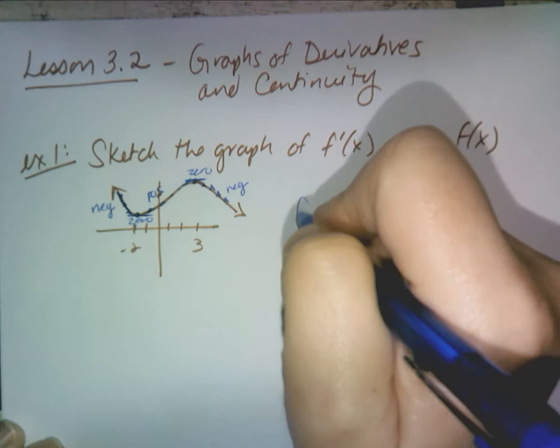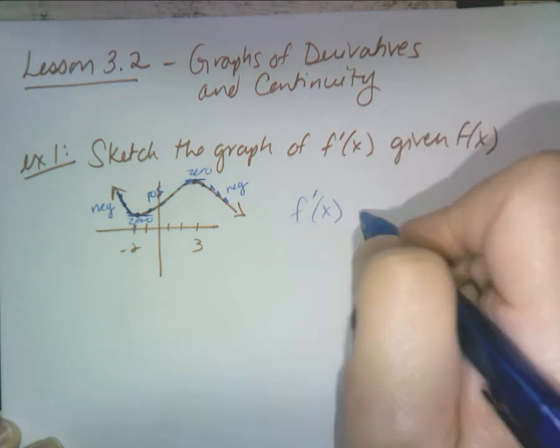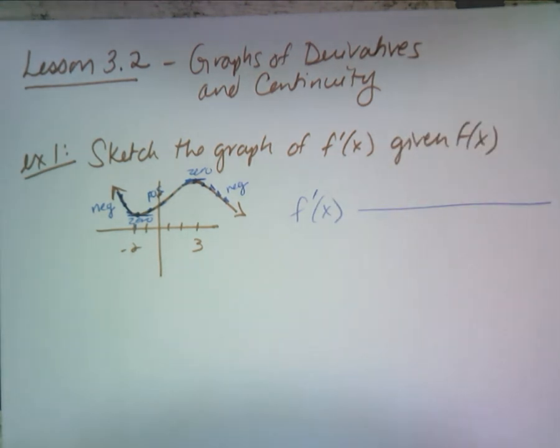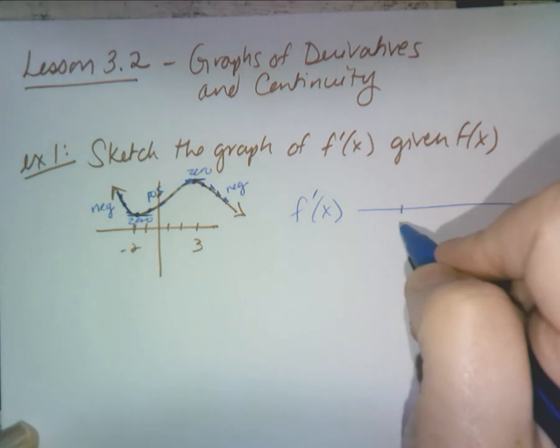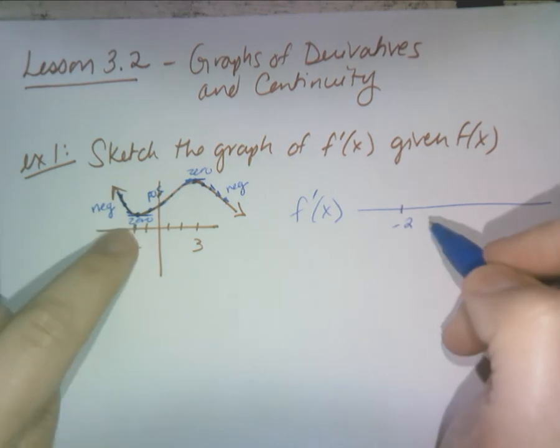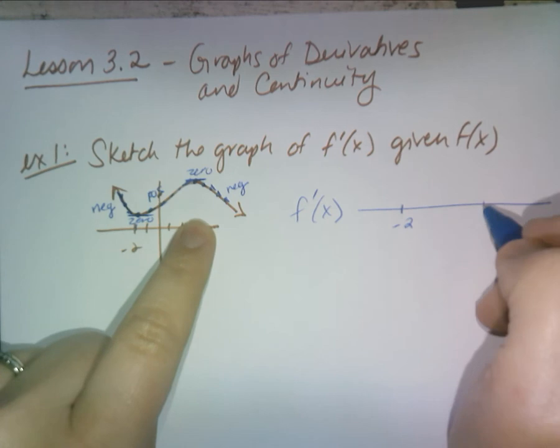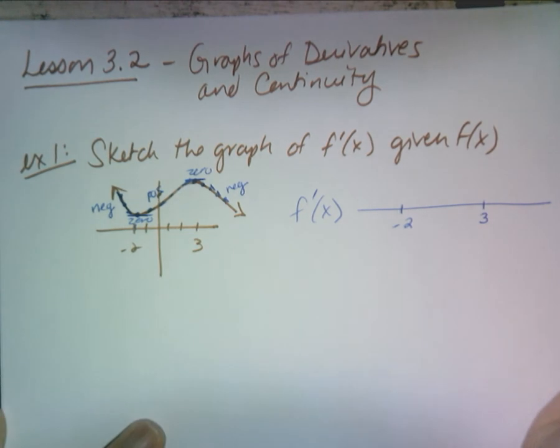So when you go to sketch a graph, here would be your x-axis. Your zeros, remember what that term means from pre-calculus? Your zeros are x-intercepts. So you have zeros at -2 and at 3. Would you all agree?